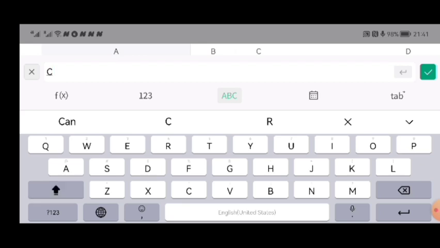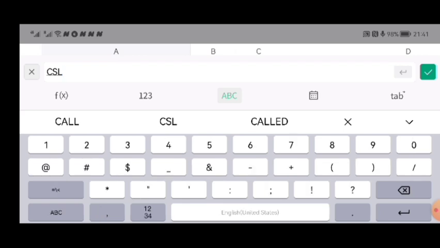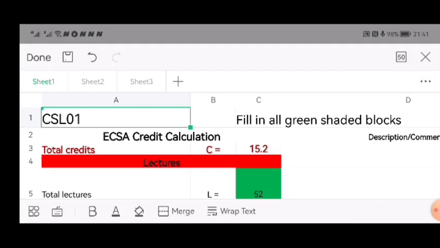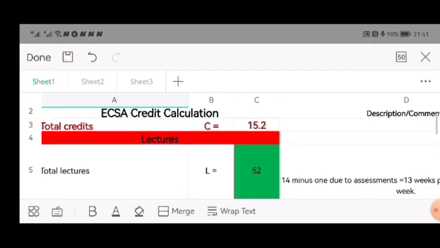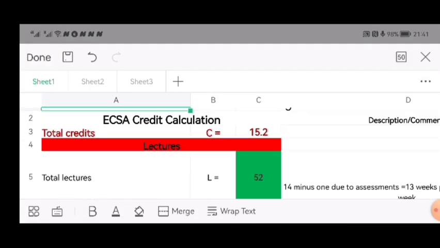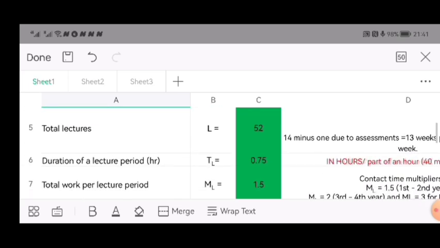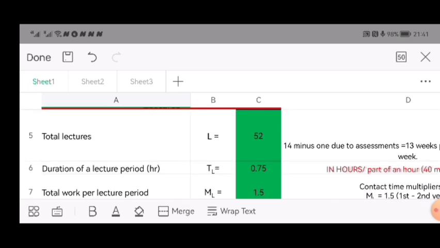Let's put it as CSL01, 1 for first year. Now the total lectures, we agreed on putting 2 hours for the lecturing time.